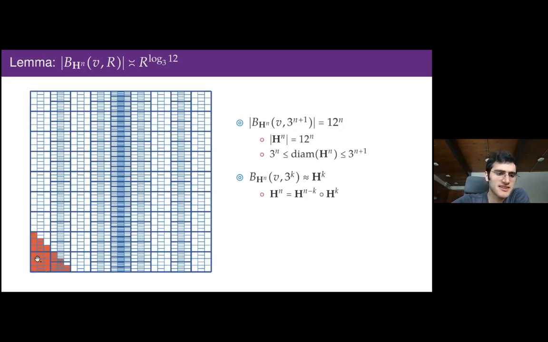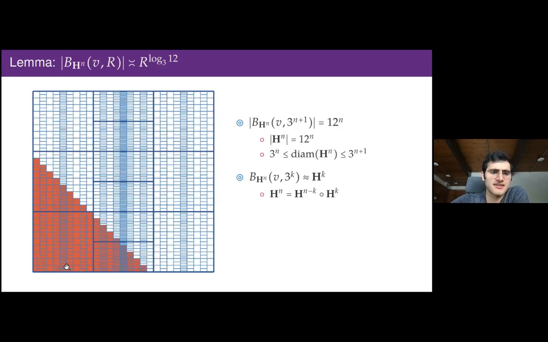You can see that this ball contains one copy of H squared in H cubed and touches the adjacent tiles in H cubed. Here's a larger ball, and you can see that it has a larger radius, but it also only touches a few adjacent tiles to the original copy.